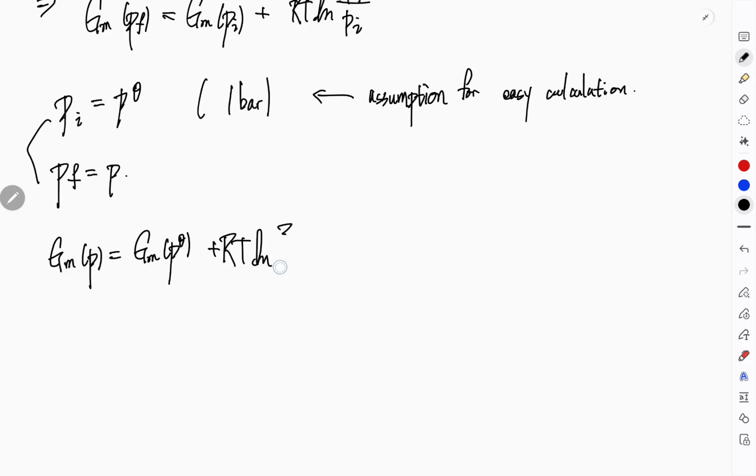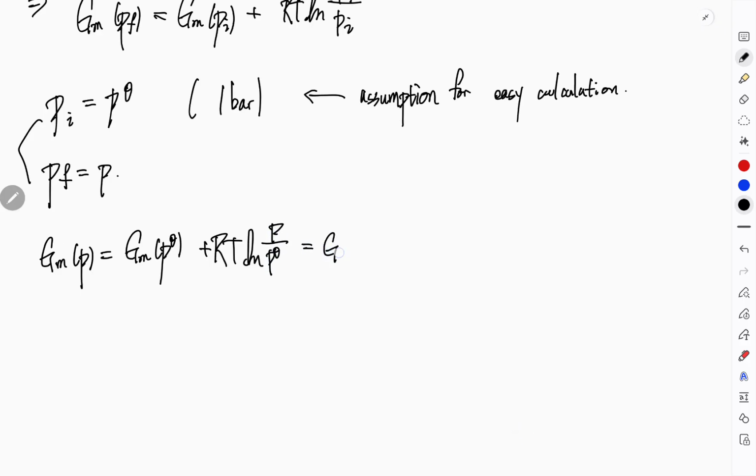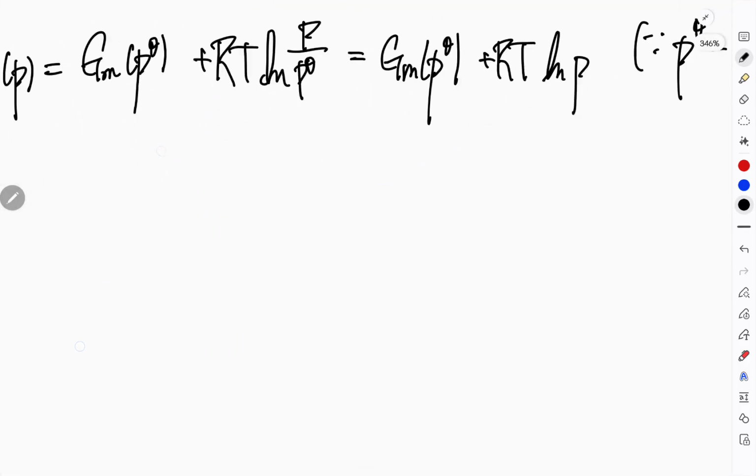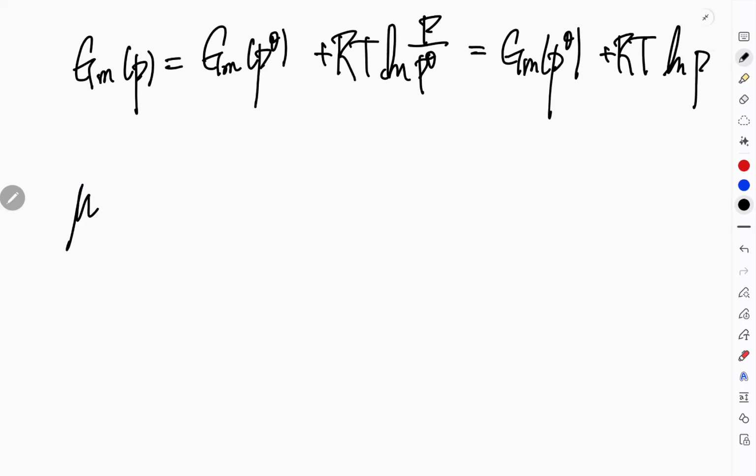The p unit should be bar, because there was a p naught in this equation. So we just calculate this G_m at the pressure p. And actually this molar Gibbs energy can be written as a chemical potential. So we can just rewrite this equation as the chemical potential.